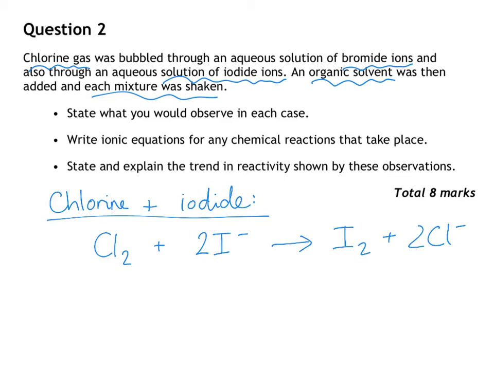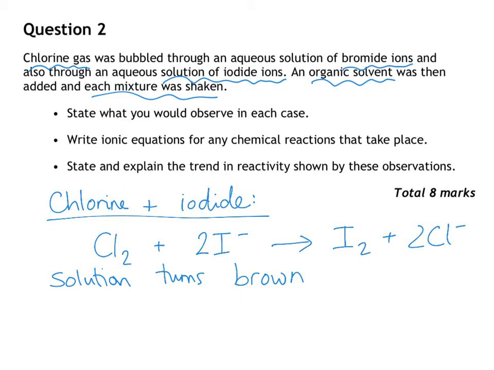So we're starting with a green gas again, but this time the solution turns brown. Sometimes iodine does look a little bit orange, but you might as well remember it as being brown in aqueous solution so that it's distinct from bromine, otherwise you're going to confuse and start calling bromine brown. So the solution turns brown.